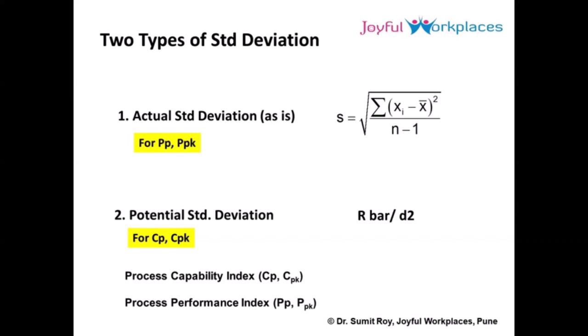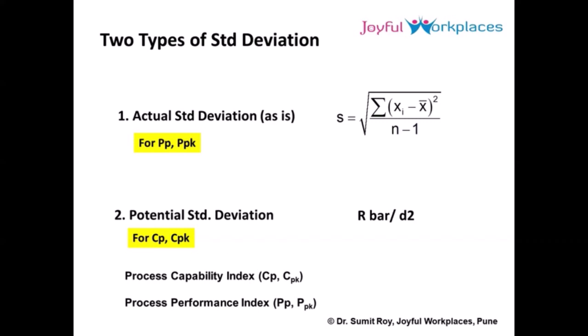Then in 60 minutes, you have 60 samples. Over a shift of 8 hours, you will have roughly 400 numbers, taking out lunchtime, tea time, etc. So you have taken roughly one shift of production for doing the process capability study.